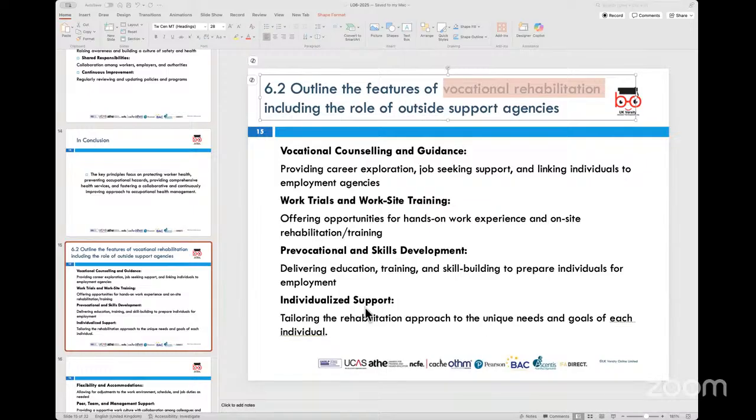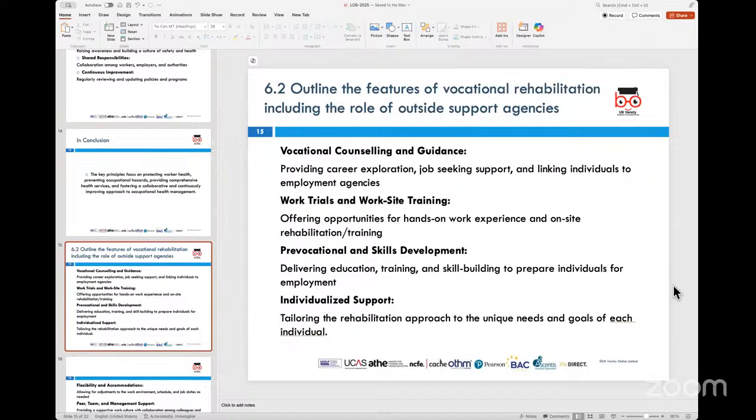Now, some of the key features that we need to look at in terms of vocational rehabilitation tend to be things like, when people have an injury and they're looking at going back to work, personalized assessments need to be done to ensure that they are fit for purpose. Now, one of the things that you would know is that some employees sometimes require a fitness note, and that fitness note comes in from your GP or from your surgery.